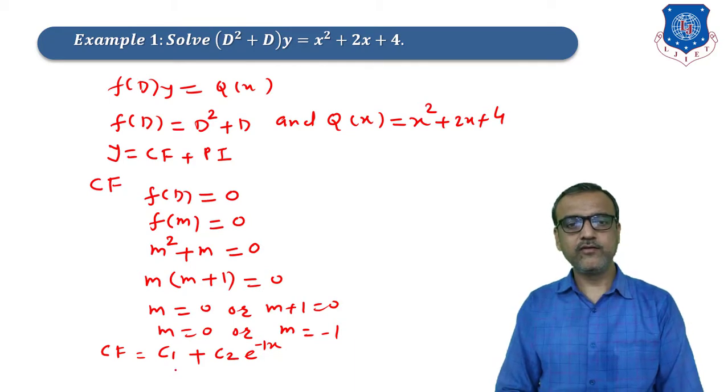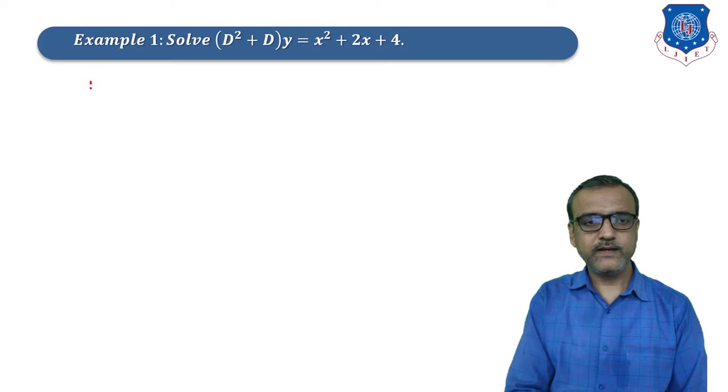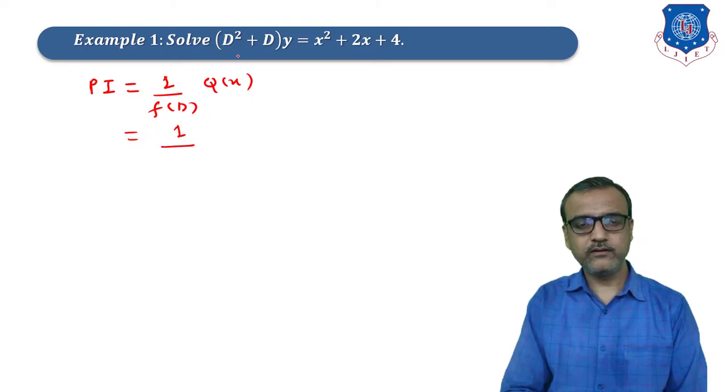Now we will find out PI. PI is given by this formula, that is PI equals 1 upon f of D, Q of x, and this is equal to 1 upon D square plus D, x square plus 2x plus 4.